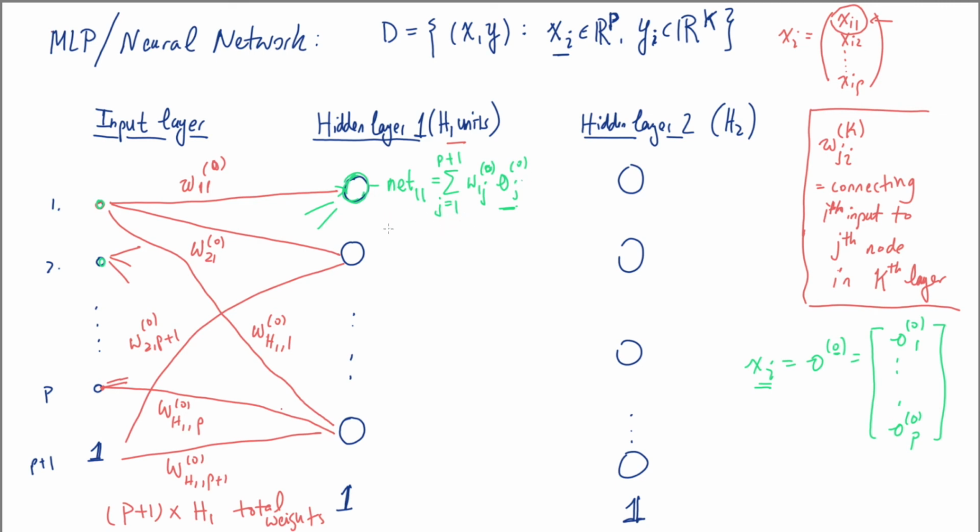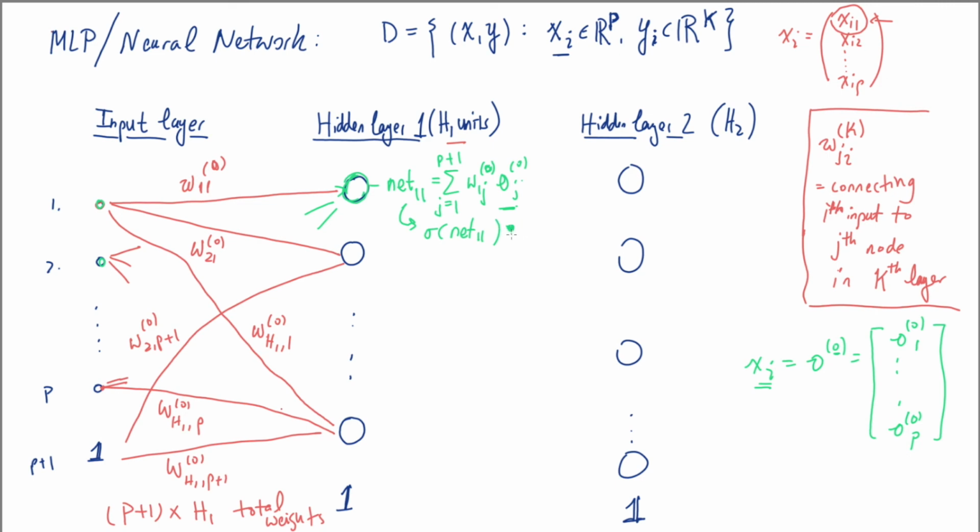Basically it computes this sum and passes it into the next step, which computes the sigmoid of that sum.